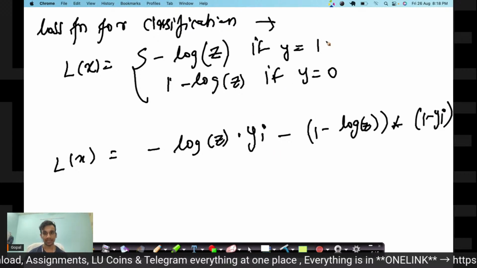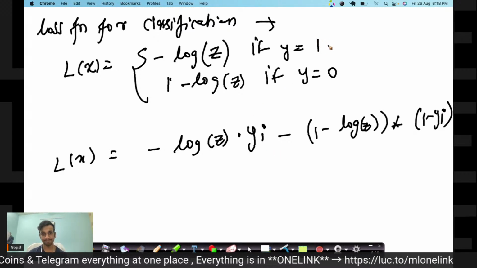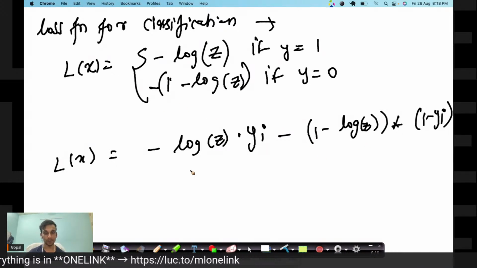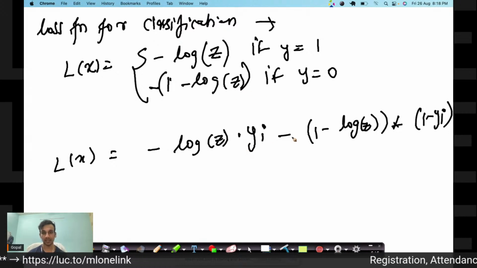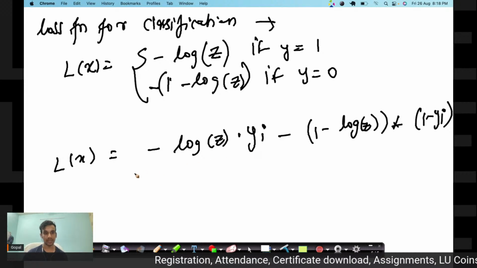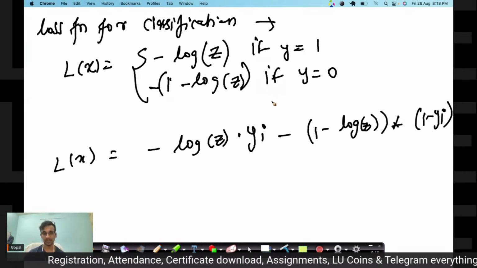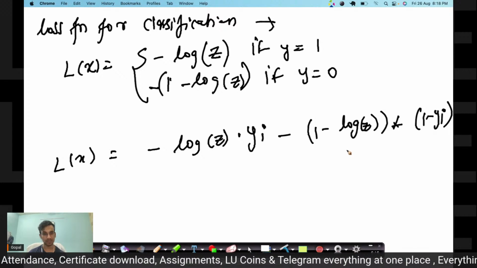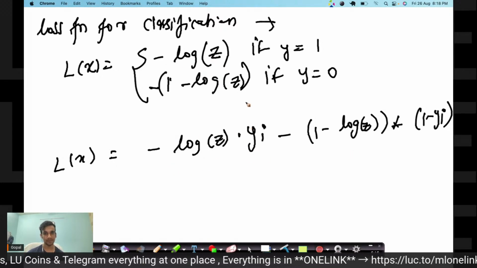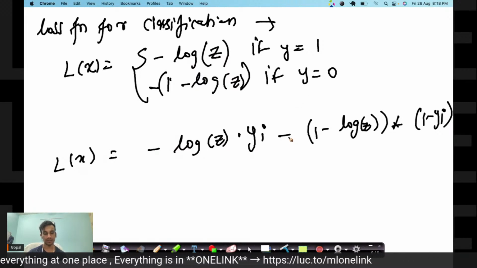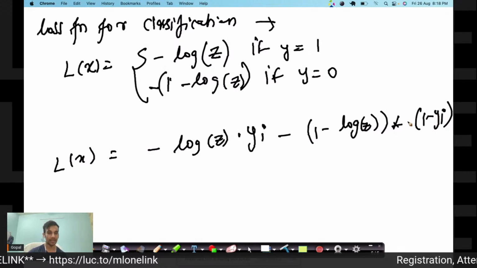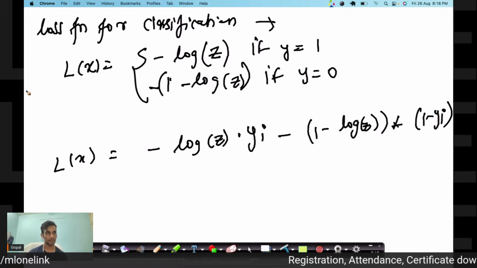If I put y equal to 1, the second term reduces to 0, and all you will be left with is minus log of Z. And if I put y equal to 0, all you will be left with is minus log of 1 minus Z, multiplied by 1. So this is your log loss, right?